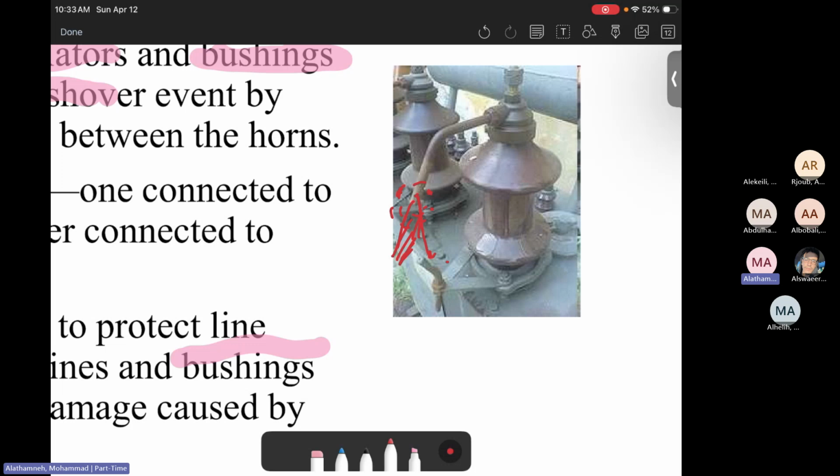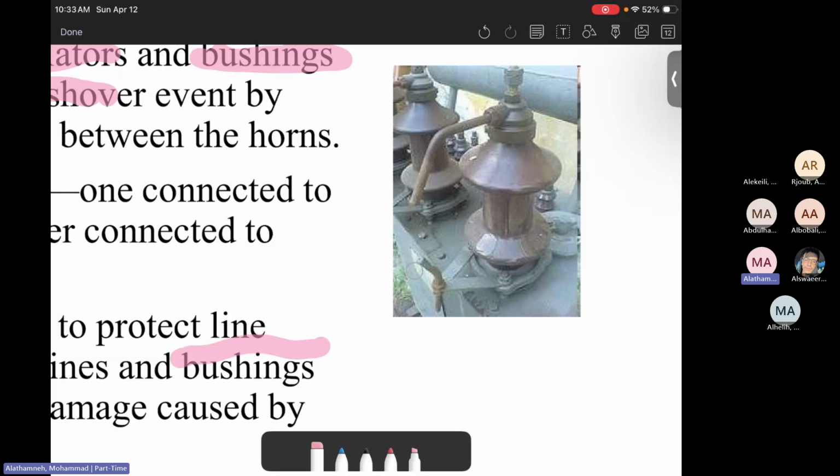If it did not exist, the air would be ionized here and cause the discs or the bushings to be damaged. Once we create this path, it will not cause damage. So we are making the path easy for the currents to flow into the body of the transformer, but it will not be very big. It will be just like a flashover, something we call a flashover.